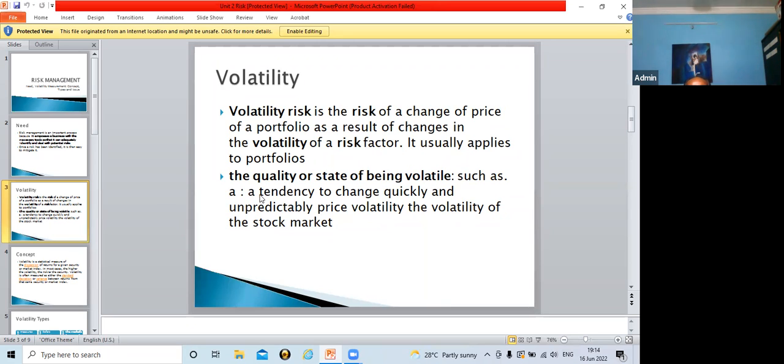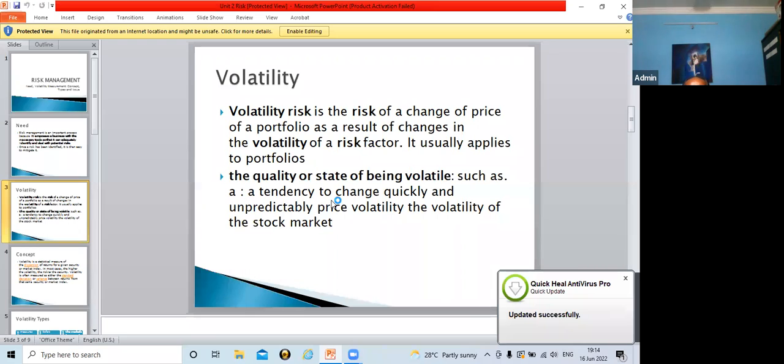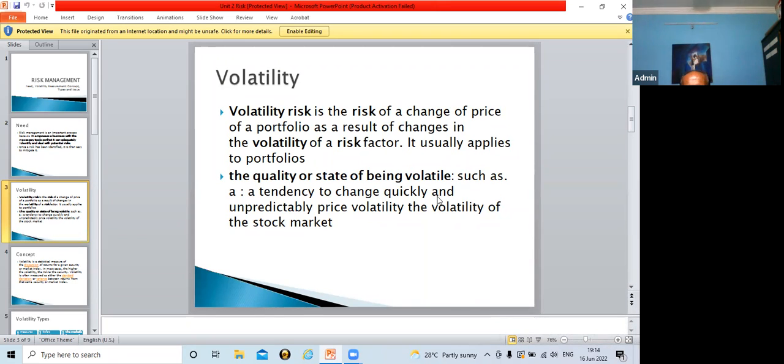Now the second paragraph: the quality or state of being volatile, such as the tendency to change quickly. Now what changes quickly in regard to bank loans? Interest rate. Every 4-5 months there is a revision in interest rate, and these are directives given by the Reserve Bank of India.